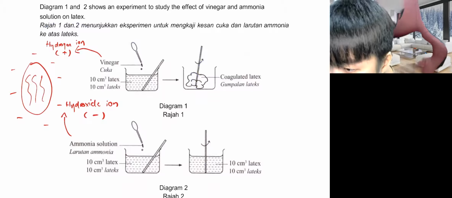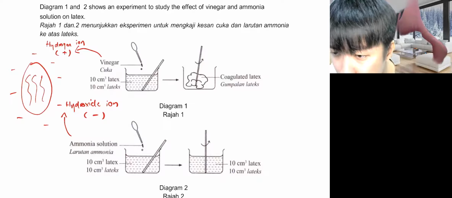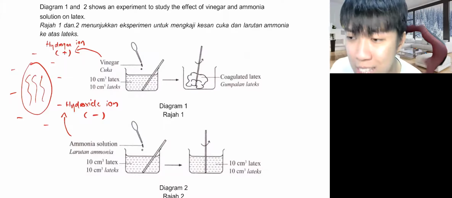Because the latex is neutralized by positive hydrogen ions. Okay, good. You add on, the latex membrane. Okay, can also. Without that is fine also. You can write because latex is neutralized by, or you can write because the negative charges outside are neutralized by positive hydrogen ions. Then you add on from the vinegar.